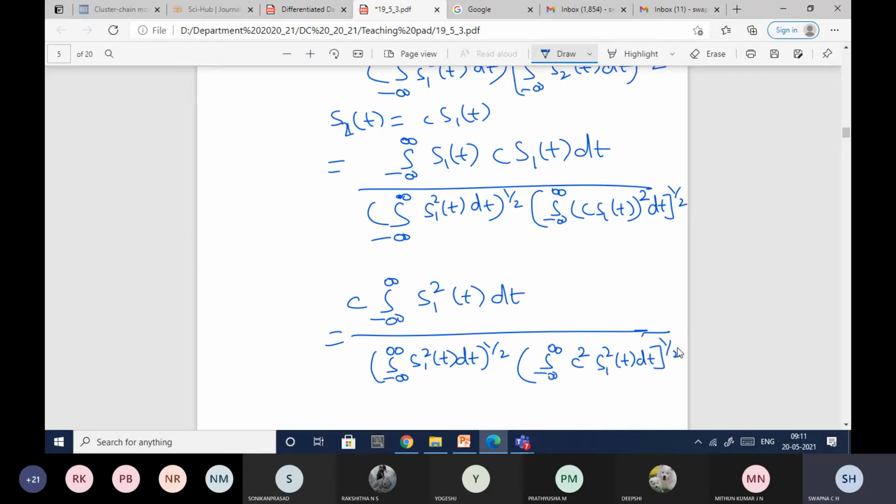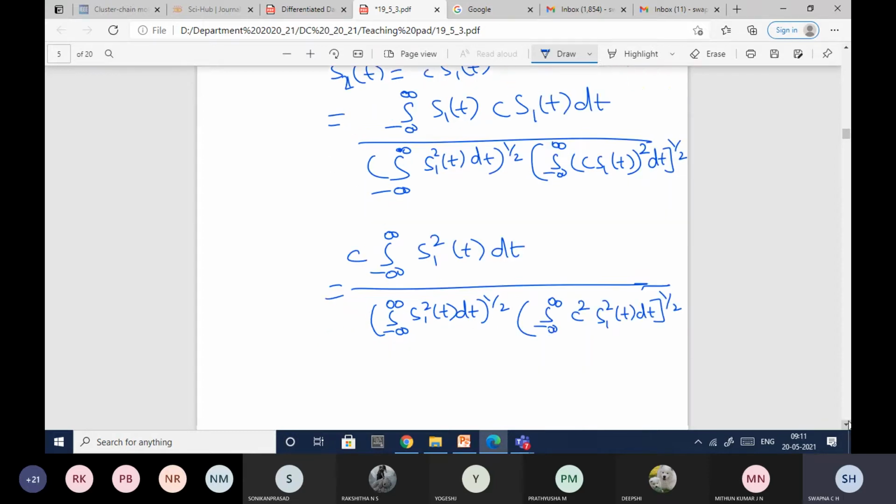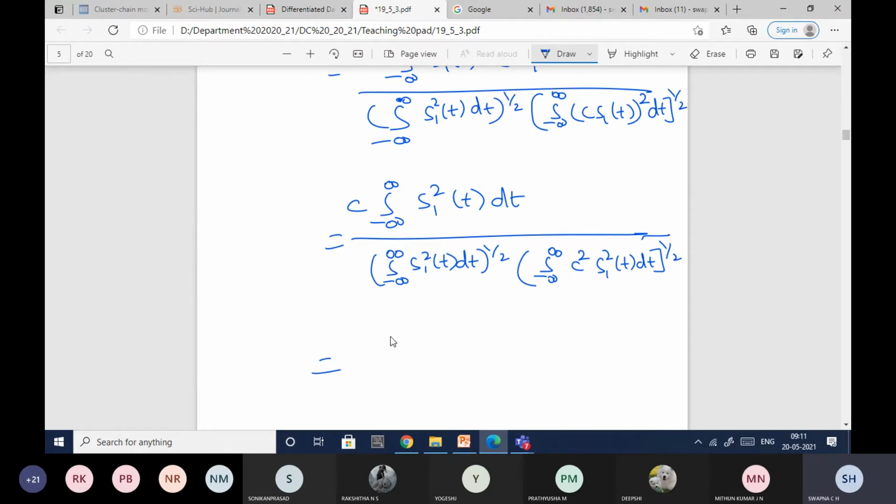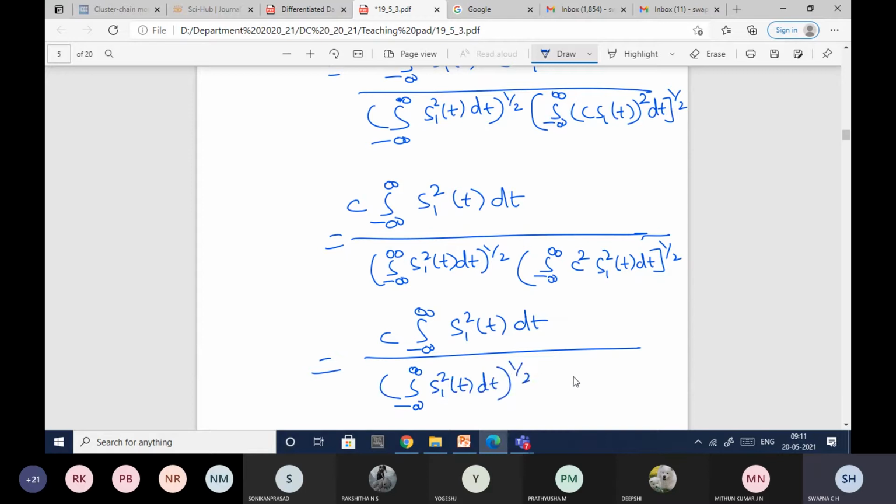So c square whole power half I can write as c, integral from minus infinity to plus infinity of s1 square of t dt, divided by the integral from minus infinity to plus infinity of s1 square of t dt whole power half, into c square. This c square I can take outside like this. I'm just trying to simplify here only c square. So c square whole power half will be c.